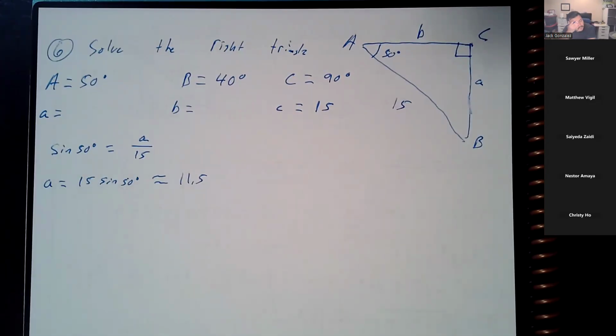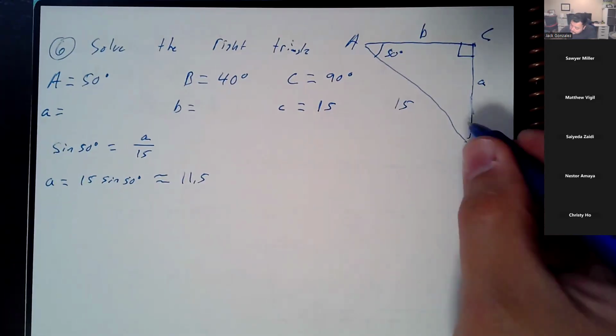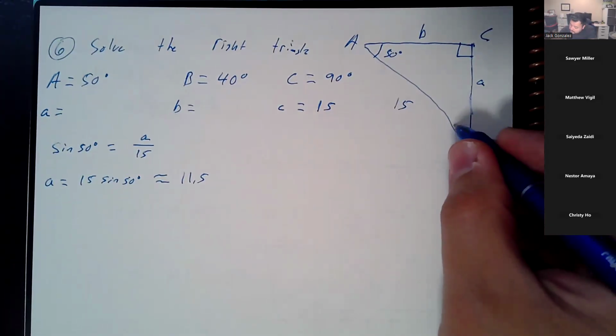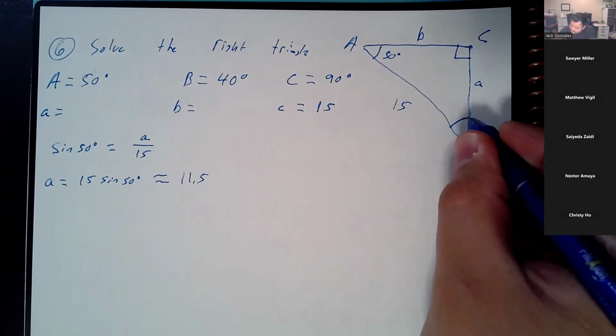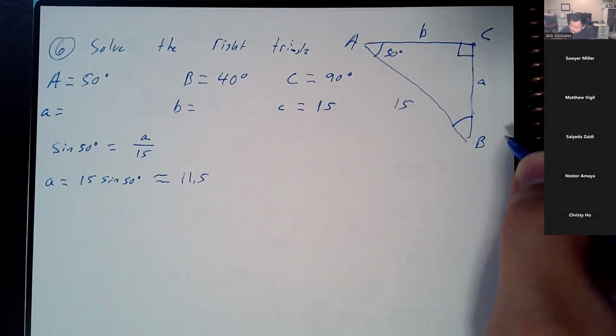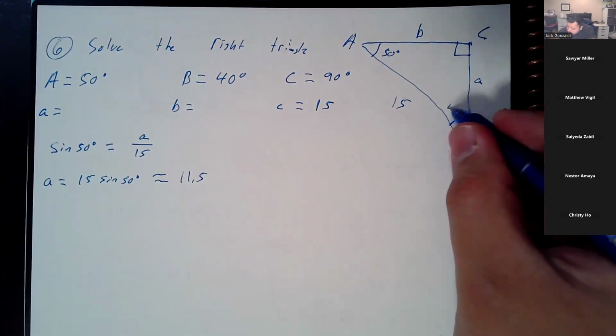Now, if I didn't want to use Pythagorean, what's another trig function we can use to find little b?